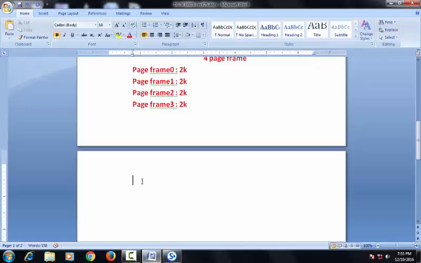So let's write it. Segmentation. What is segmentation?